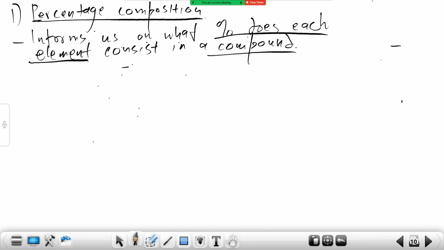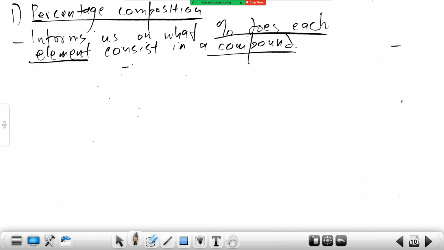Remember, a compound is a substance that consists of two or more elements. So if I want to check the percentage contribution of this particular element, I am focusing on the percentage composition.